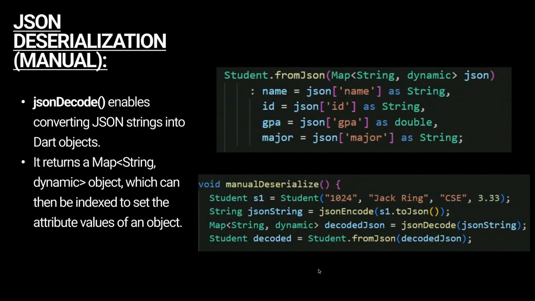So moving on to the deserialization process, it's essentially the reverse of the serialization process. The student object is again created and serialized into a JSON string through JSON encode. And then this JSON string is subsequently decoded back into a Map<String, dynamic> using JSON decode.